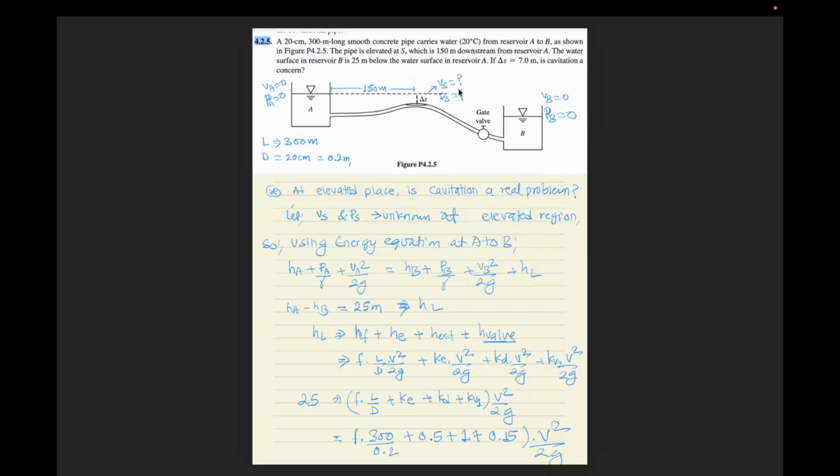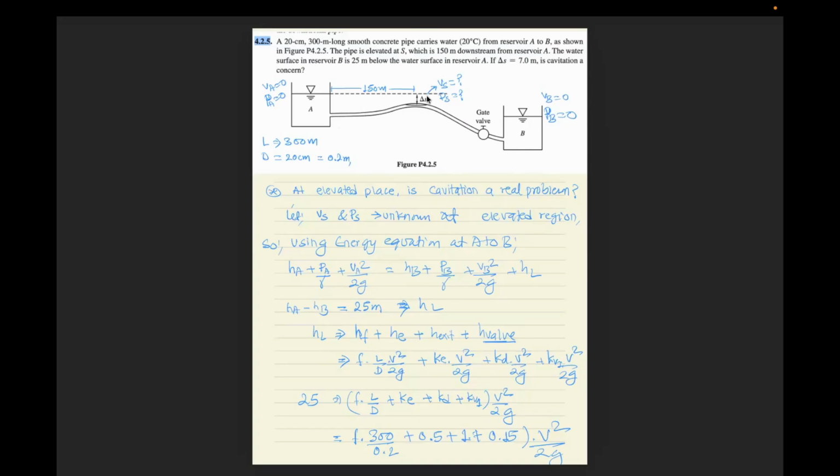Before I jump into solving the question, let this point be S. The elevated point S is where cavitation can most likely happen, because it is the highest point in the pipe, and second, head loss has accumulated from the entrance.